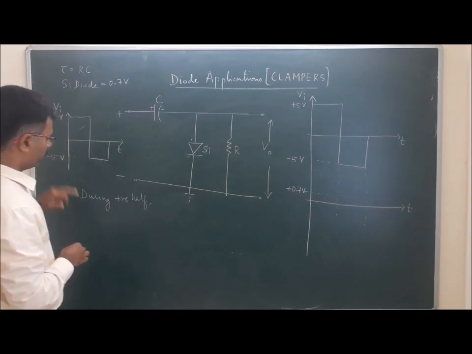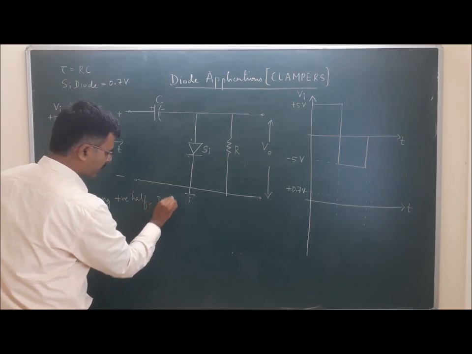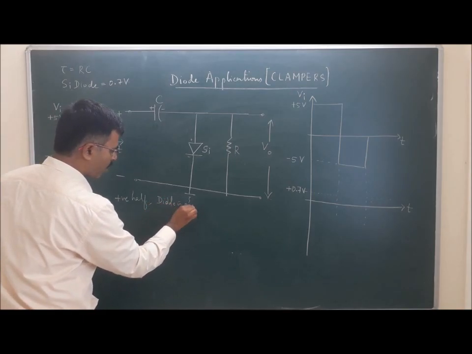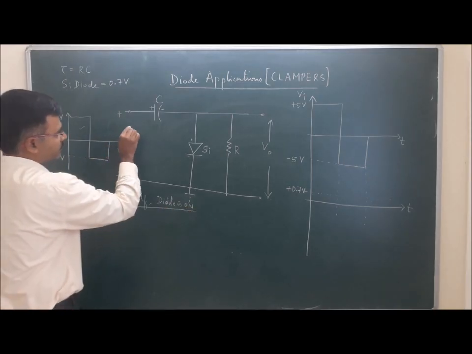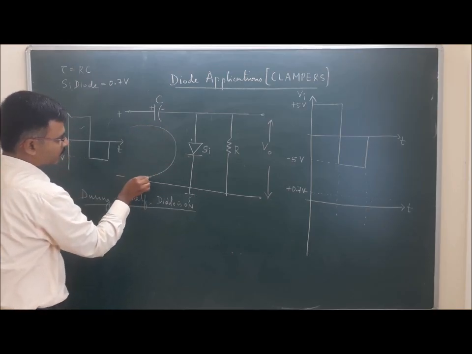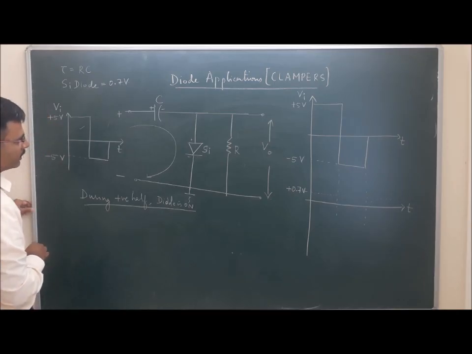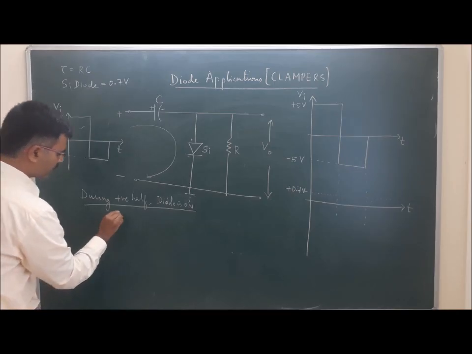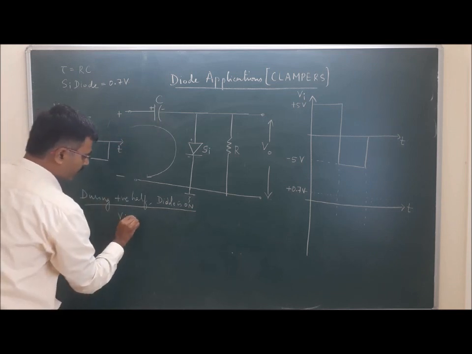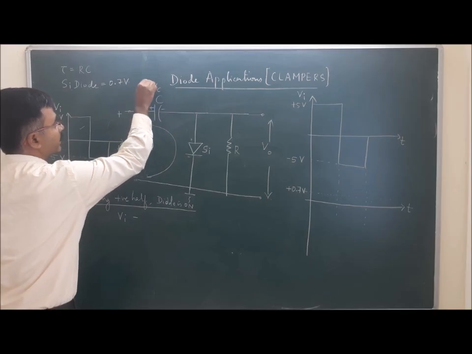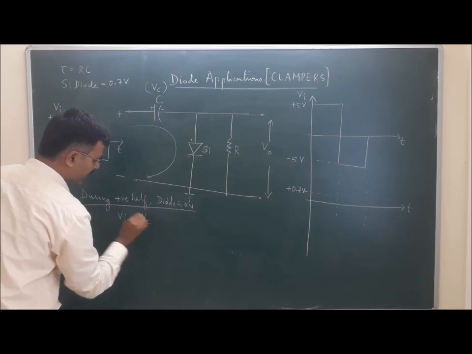Now during the positive half, the diode is on, right? So when the diode is on, I have a path like this, so that I can apply KVL. Let me apply KVL to it. That's my input VI. Next, this is the voltage across the capacitor, which I denote as VC. This is plus to minus, that means it is minus VC.